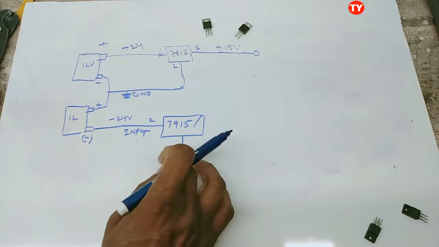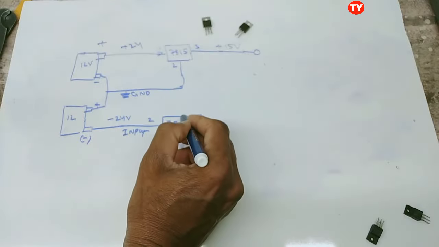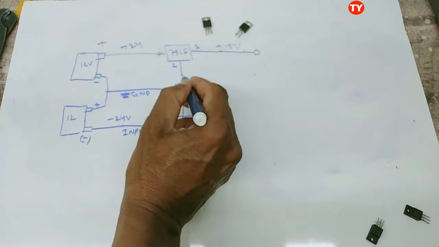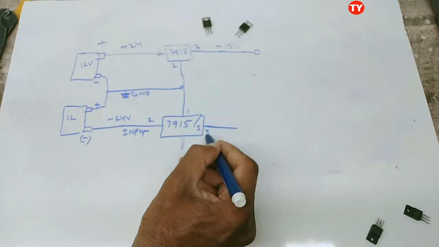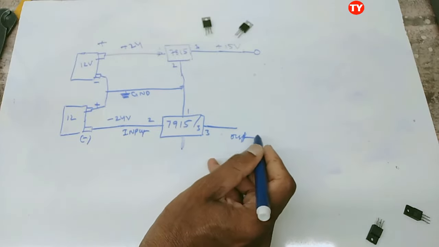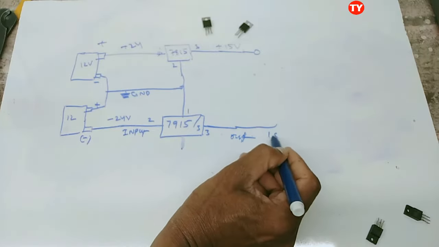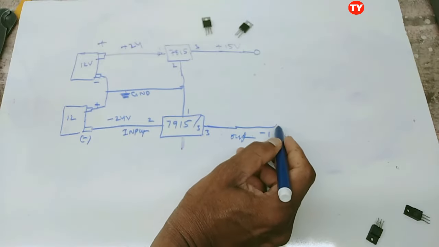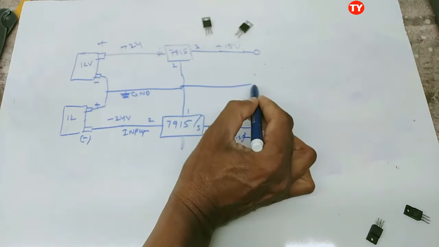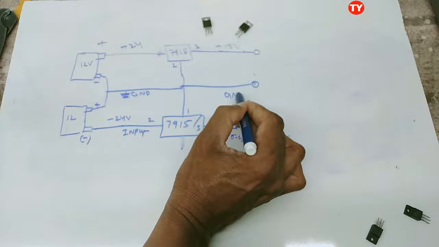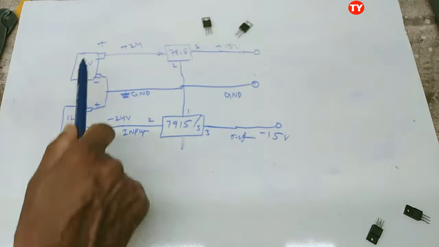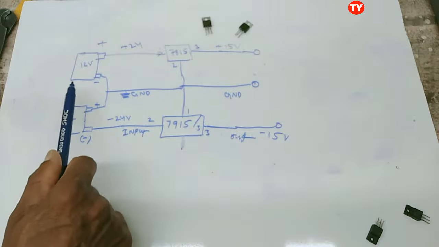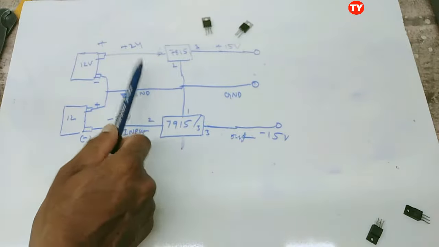Here one pin grounded, and third pin out minus 15 regulated output. Now this one ground, this one dual supply. By using two 12 voltage car batteries or any batteries, we can get dual supply.